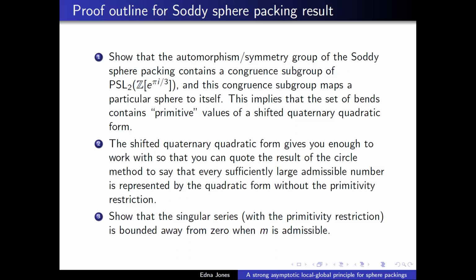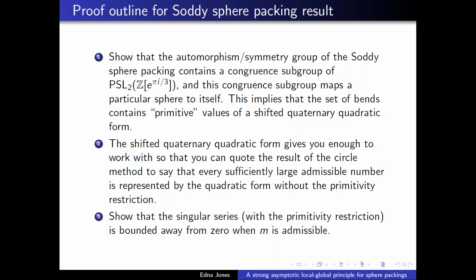The issue is if the singular series gets too small, then in the circle method you have some error term, and if the singular series is too small, the main term is actually smaller than the error term, so you start having some issues trying to say that a number is represented.